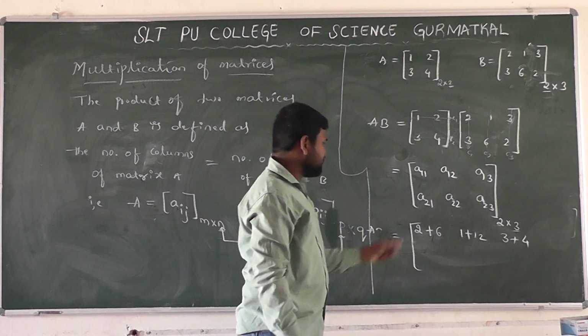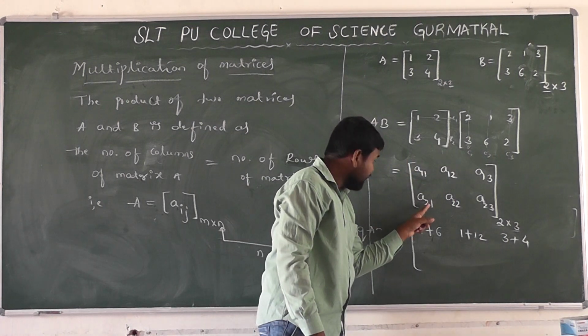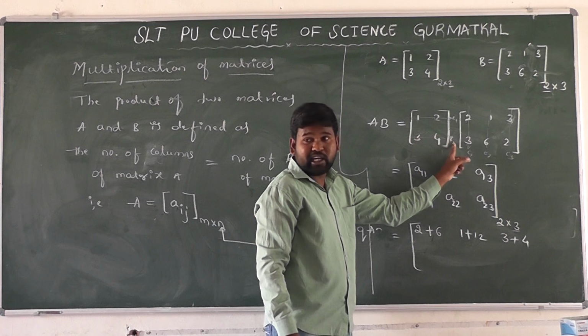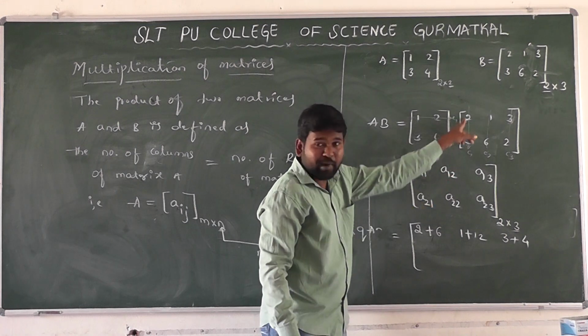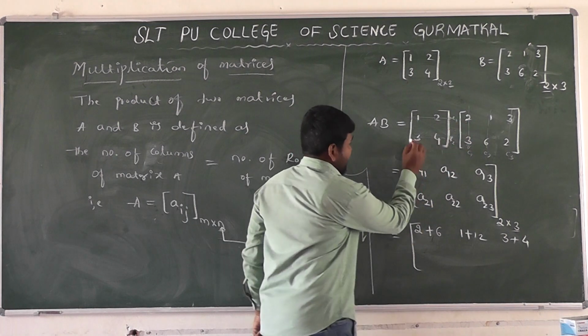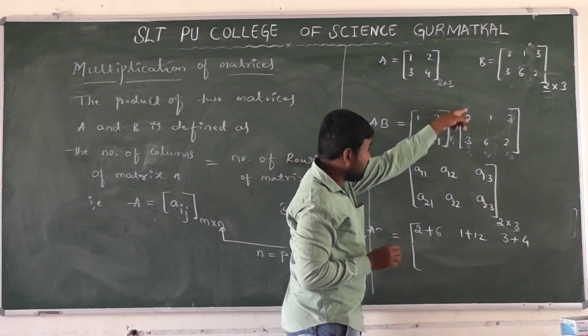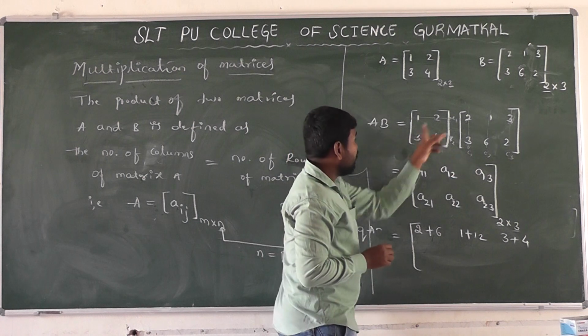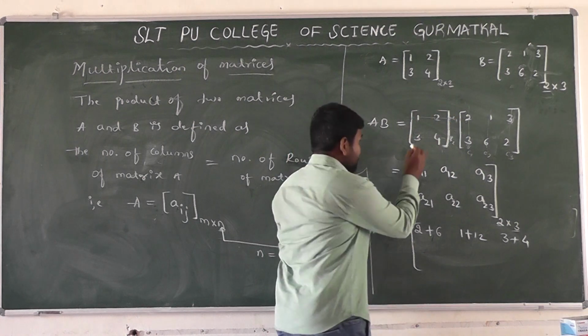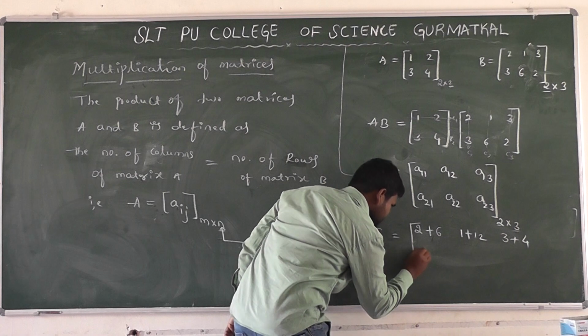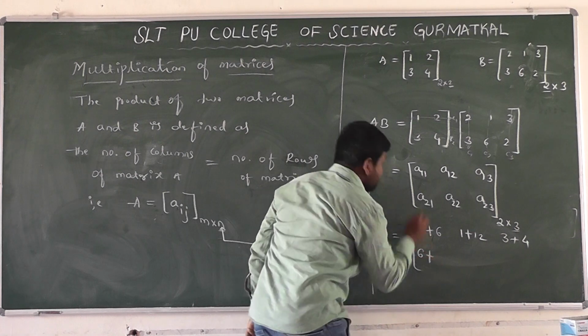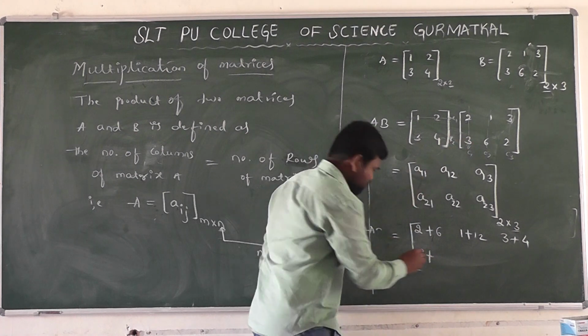Next, this means the second row of the matrix A and the first column of the matrix B. What is the second row? This is the entire second row. What is the first column? 2 3. We multiply the corresponding elements. 3 2s are 6 plus 4 3s are 12.